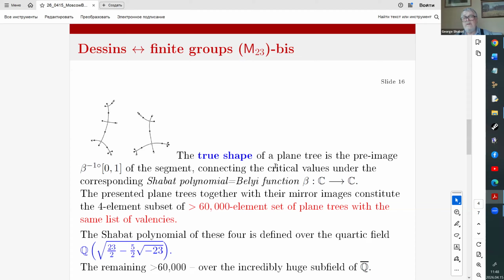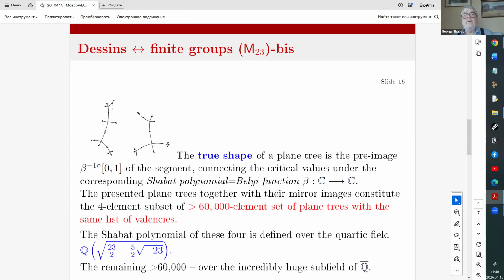I'm not presenting it here, but the field is presented in blue. And Maciejewicz, after getting the positive answer, created some software just to get the answer. So from the point of view of today's lecture, the situation is as follows. We take the passport of these trees.